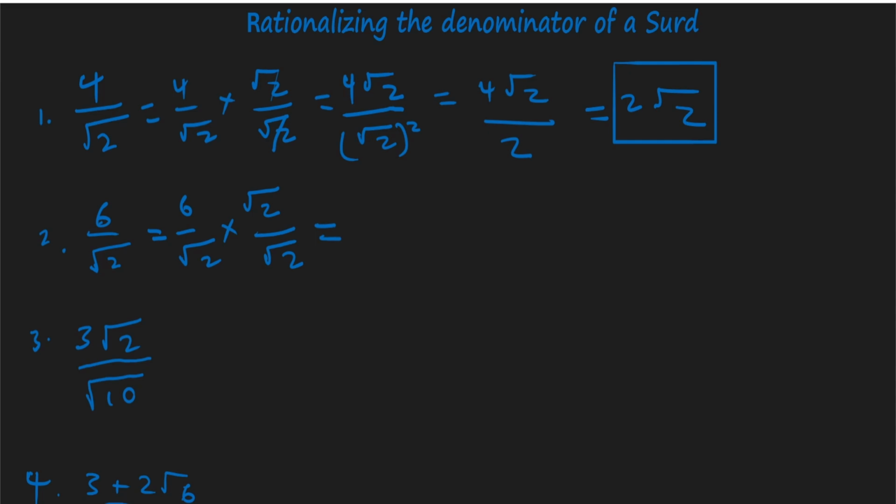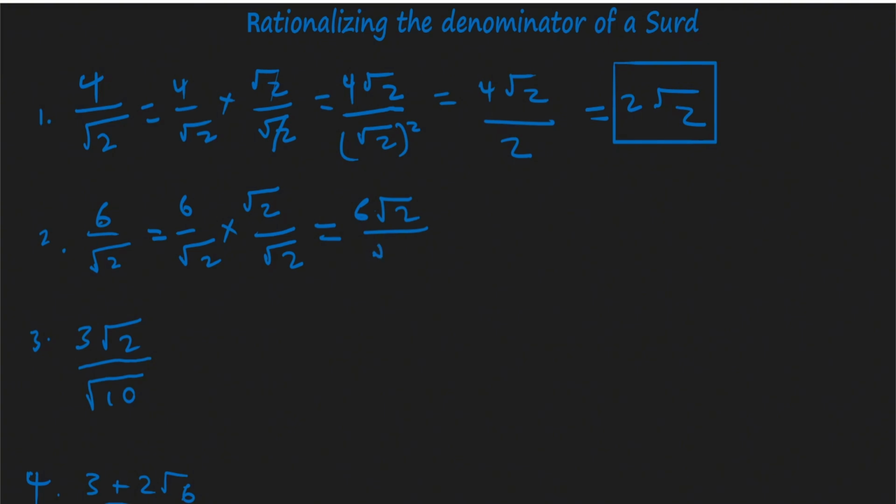By the way, if you're having difficulty with how to multiply surds, I'll put a link down below so you can always go back and review. 6 times root 2 is 6 root 2 over root 2 times root 2.